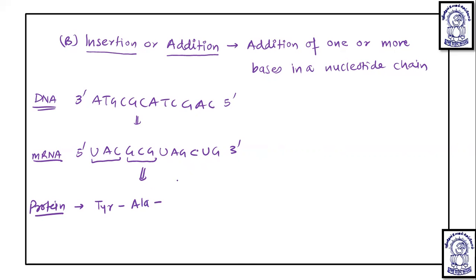Then UAG codes for a stop codon. So let's change this nucleotide sequence, because UAG is a stop codon in mRNA and further polypeptide will not be synthesized. So here I am replacing this ATC with G.